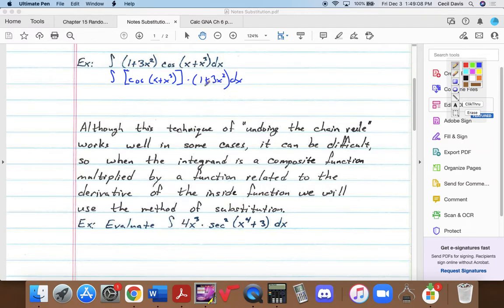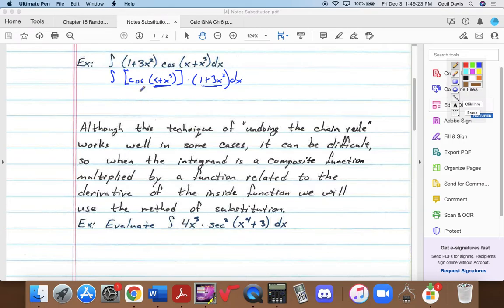Notice that the 1 plus 3x squared is exactly the derivative of the inside part. So all we need to do is take the antiderivative of the outside part and leave the inside part alone.